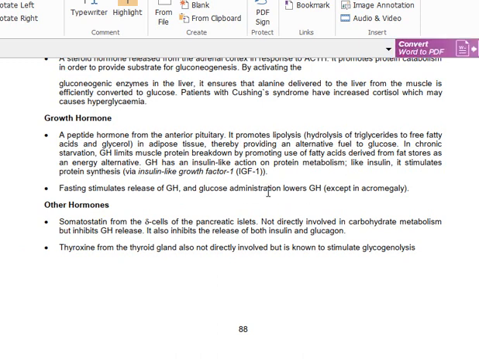So when you are fasting, you stimulate growth hormone to increase the glucose level. When you fast, lipolysis increases so that glucose can increase, and then protein can be produced. Why? When there is administration of glucose, there is no need for growth hormone to be stimulated. There is no need for lipolysis to occur.